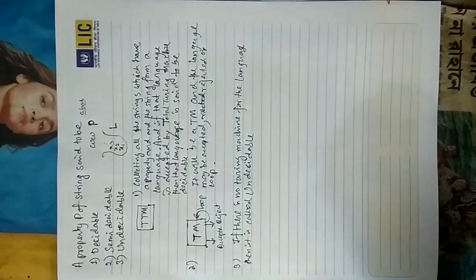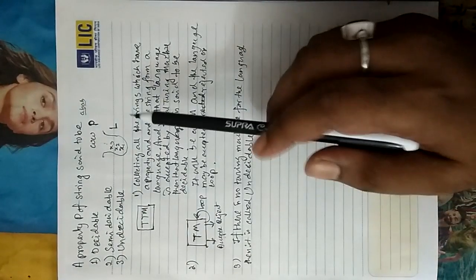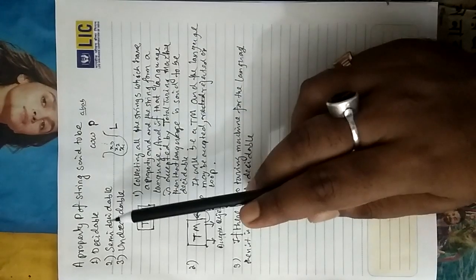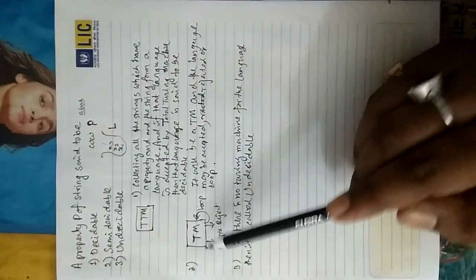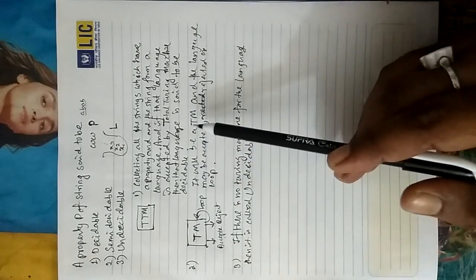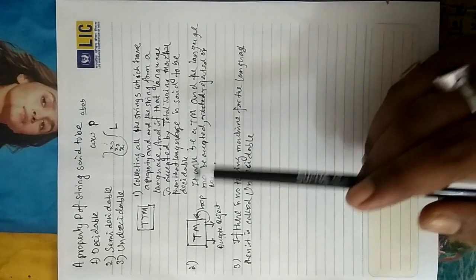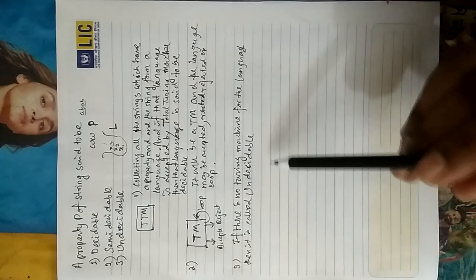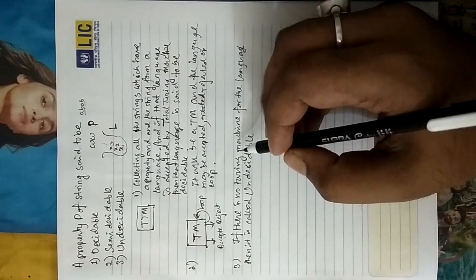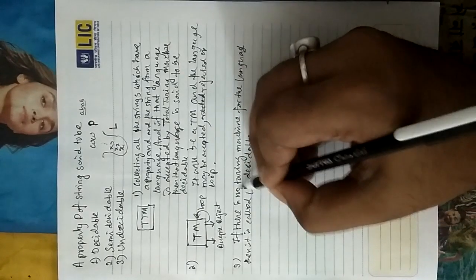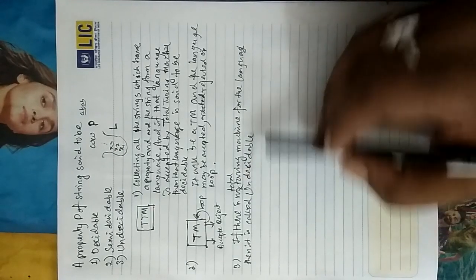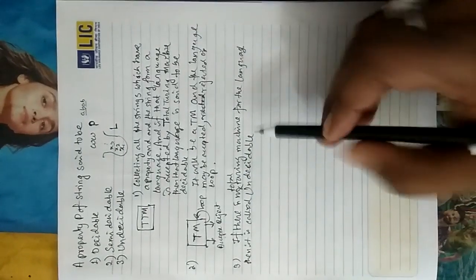So we have come to the conclusion that when the language is accepted or rejected by a total Turing machine, it is called decidable. When the language may be accepted, rejected, or looped by a Turing machine, then it is called semi-decidable. And if there is no total Turing machine for the language, then it is called undecidable.